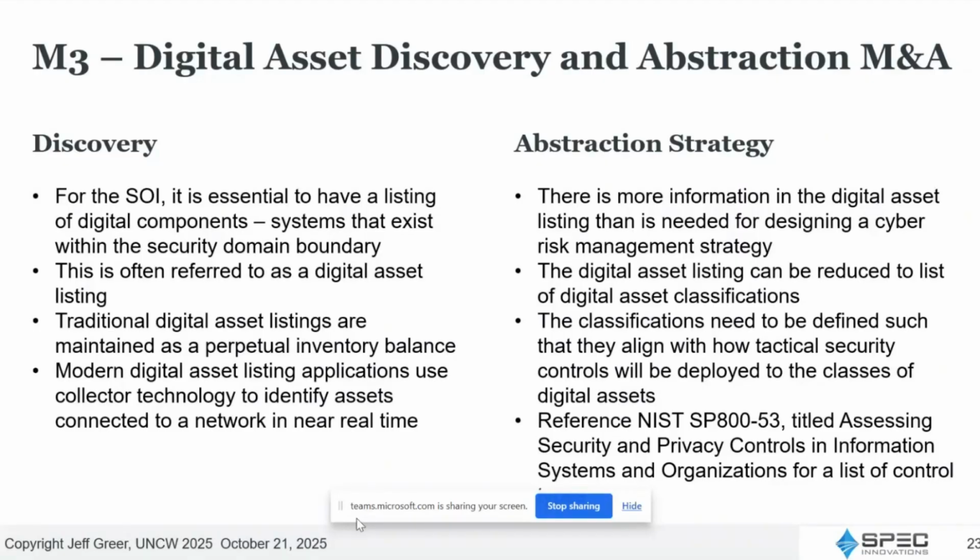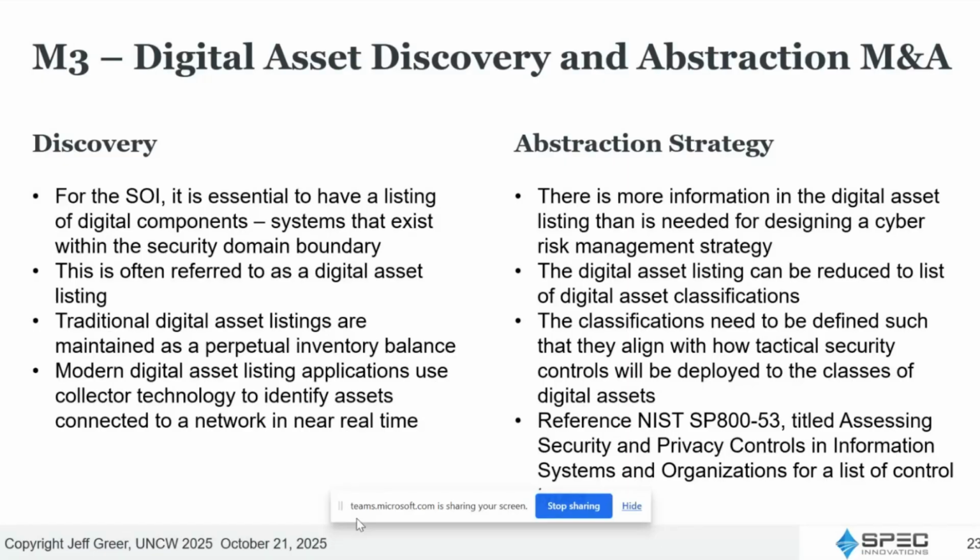This is commonly referred to as a digital asset listing. They're all known to be accurate to a degree, but never perfectly accurate. Traditional digital asset listings are maintained as a perpetual inventory balance. Modern digital asset listing applications use collector technology to identify the assets connected to a network in near real time. They tend to be a little more accurate these days.